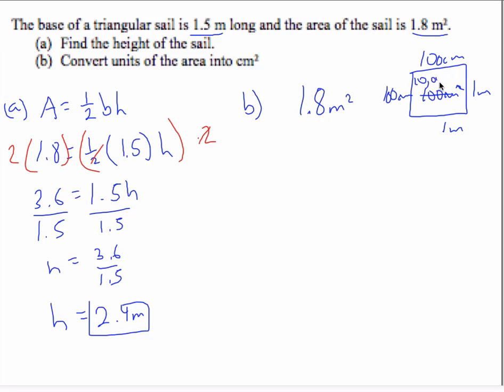That's 10,000 square centimeters. So to convert here, we don't multiply by 100, we multiply by 10,000. So 1.8 meters squared equals 1.8 times 10,000 square centimeters, which equals 18,000 square centimeters.